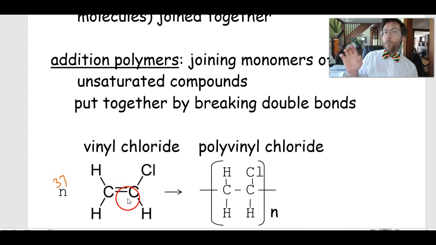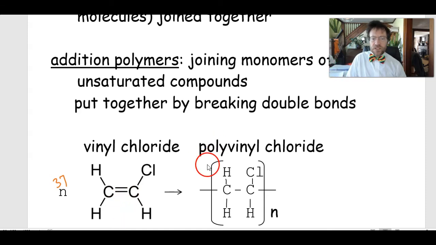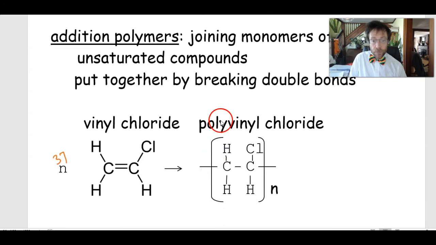And so our polymer, like the notation that we use to make sure that we know that we're talking about a polymer, is first we write down what the monomer is, and we put it inside of a bracket. So you see this bracket here? This indicates that that is one bit or one monomer of our polymer.